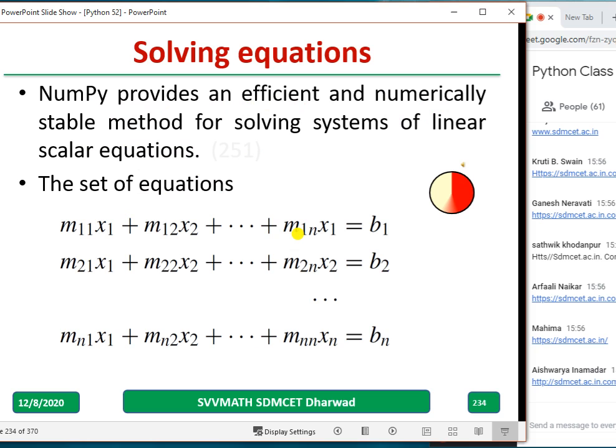A small program we will consider and discuss.